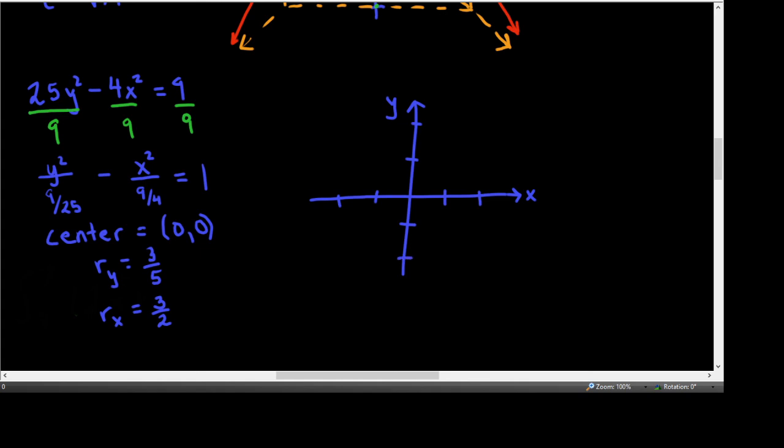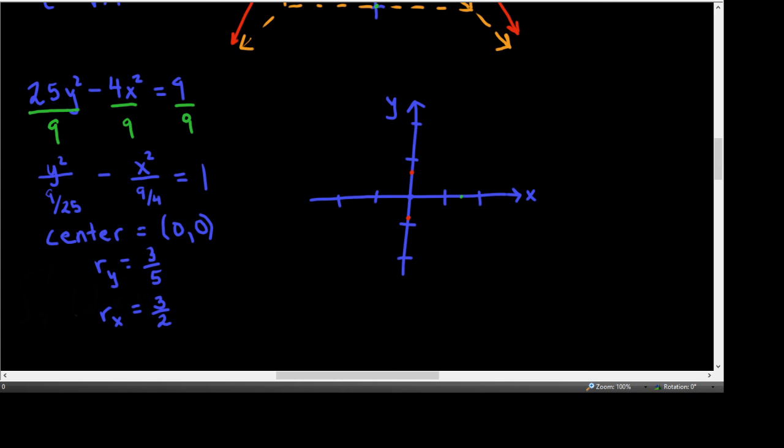So the center is at 0, 0. We're going to go in the y direction, 3/5. So about right there-ish. So up that far and down that far. Then we're going to go in the x direction, 3/2.